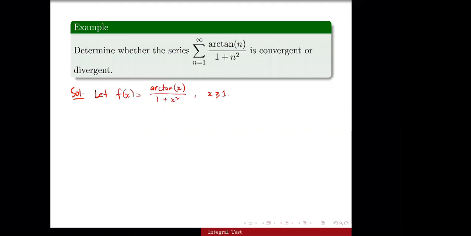So for this, f is actually continuous everywhere. So let's just write f is continuous on the interval 1 to plus infinity. For x greater than or equal to 1, arctan is positive. So remember the graph of arctan.